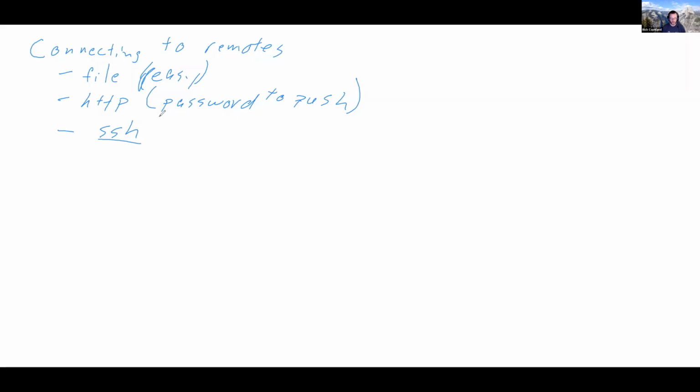The main ways are a password or a public-private key. This is the way that we tend to do things, using the public-private keys. It's a lot easier to deal with because you don't have to type your password over and over again.